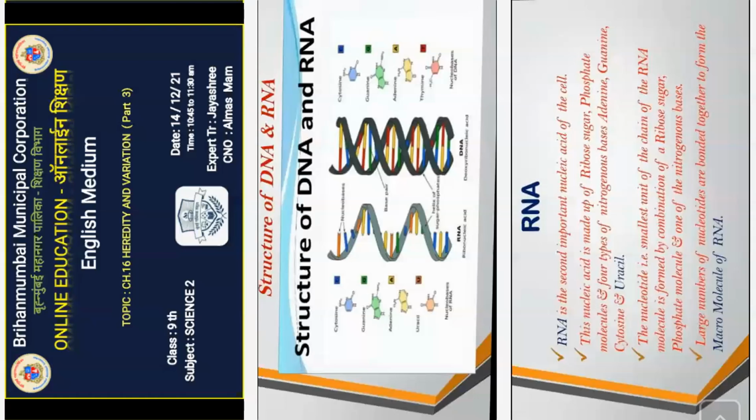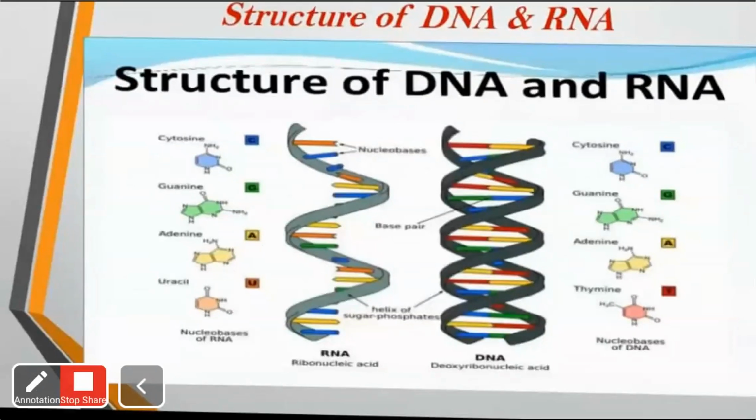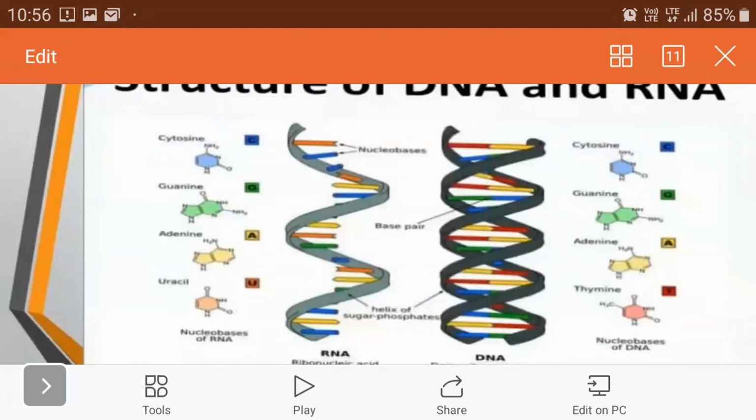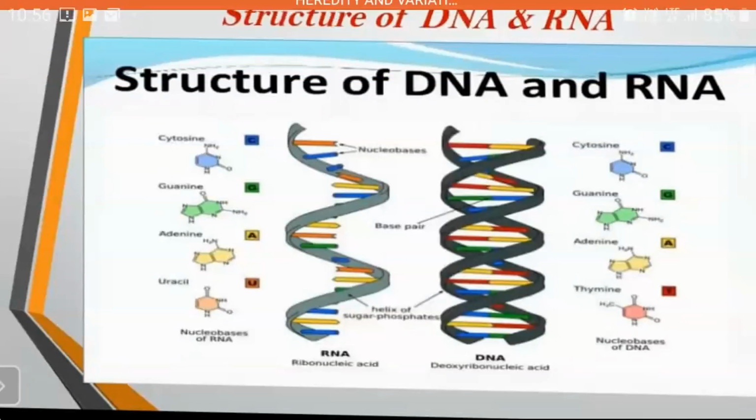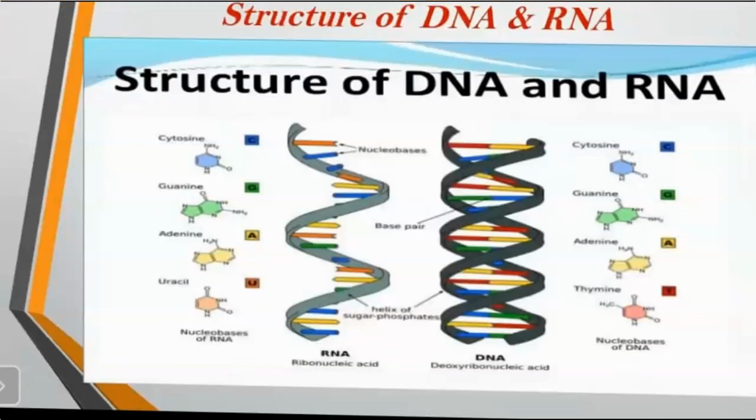So in the structure of RNA, what is the difference? The difference is that in DNA, what we have seen, the four major nucleotides are adenine, guanine, cytosine and thymine. But in RNA, there are some changes.